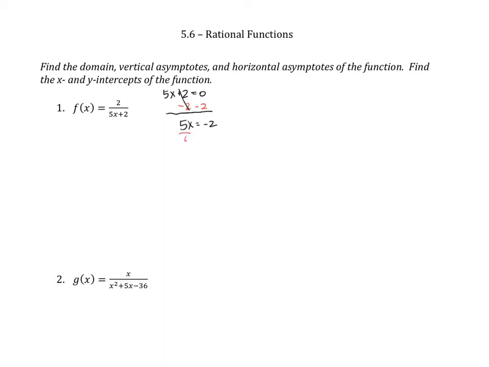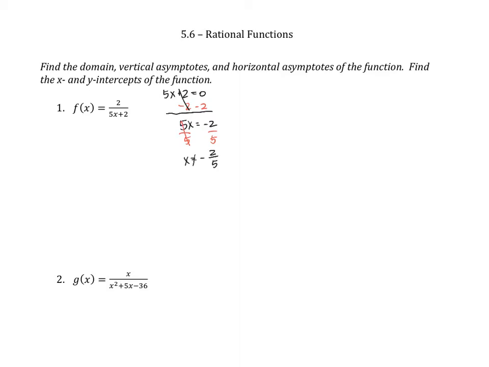Then we divide by 5, so x is negative 2/5. When x is negative 2/5, that makes the bottom 0, which is not allowed. So we eliminate that from the domain. x cannot be negative 2/5.